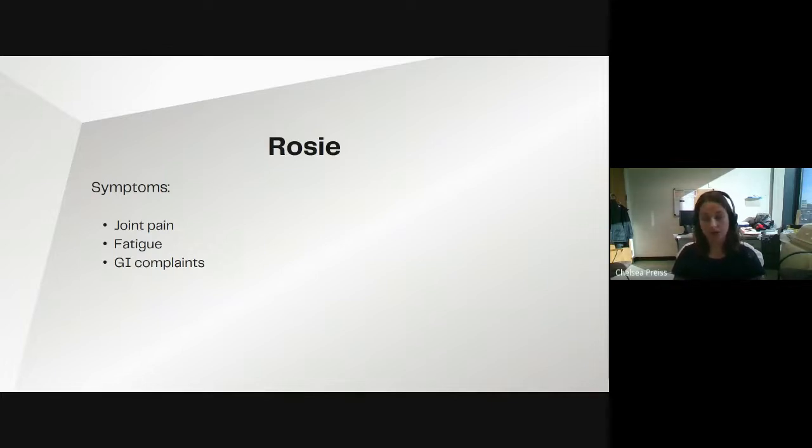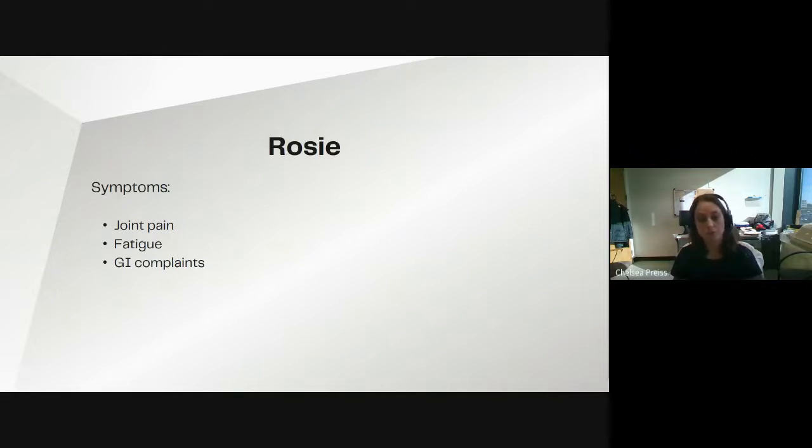So for diagnosing her, she has celiac disease, which means that her body has produced antibodies against gluten-containing substances. Gluten contains gliadins, which destroy the microvilli in the small intestine. And when there's damage to the microvilli, there's an inability to digest and absorb nutrients.